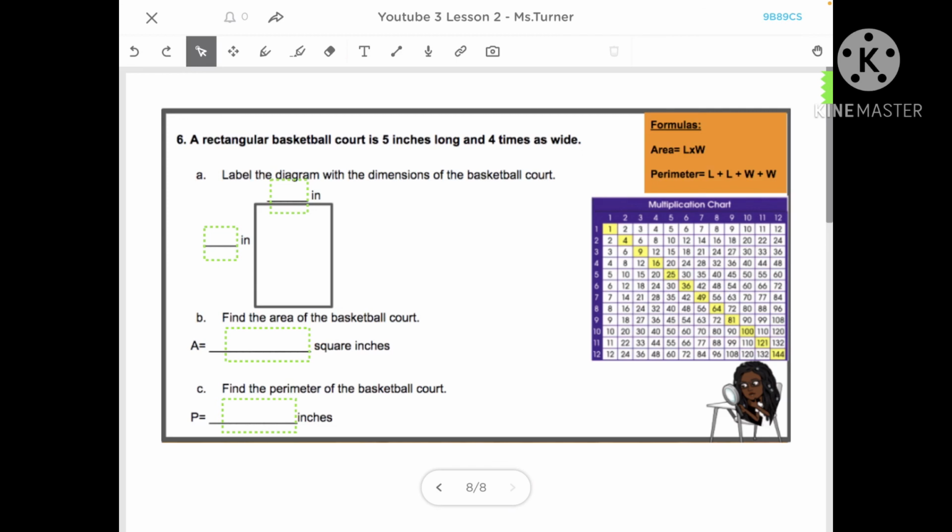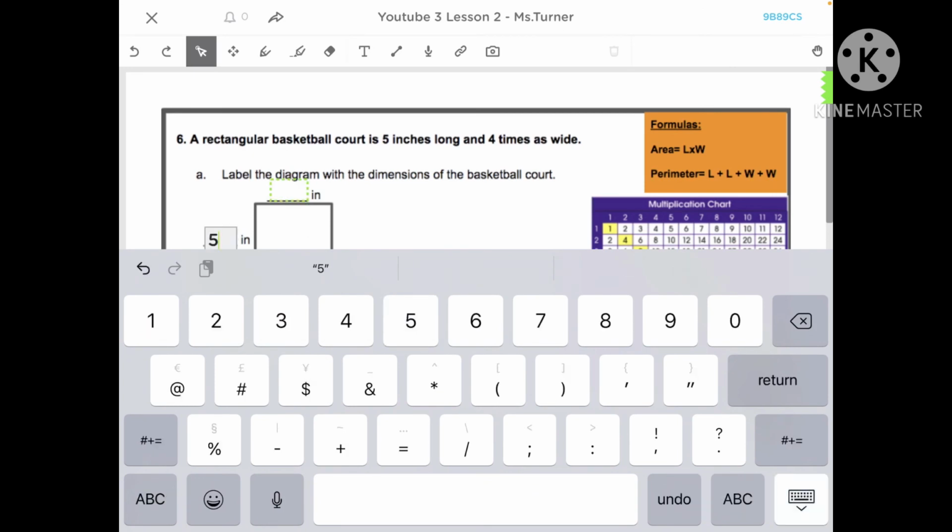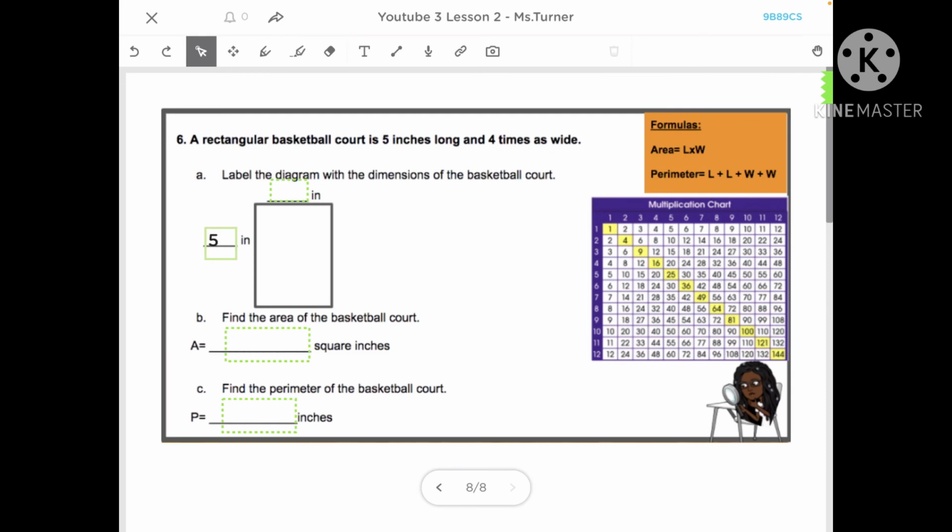All right, team. So, as of now, you guys had an opportunity to pause the video and do the problem on your own. 5 inches long. Is that my length or my width? Yeah, it's your length. It means that the basketball court is 5 inches long, or it has a length of 5 inches. This is a tiny basketball court, you guys.